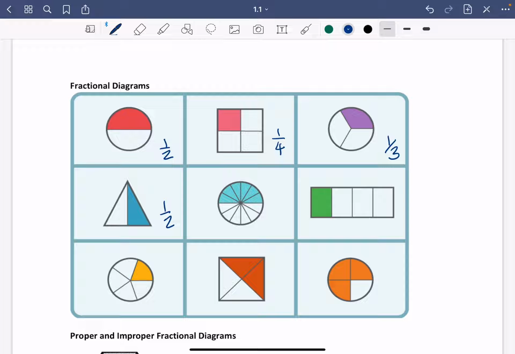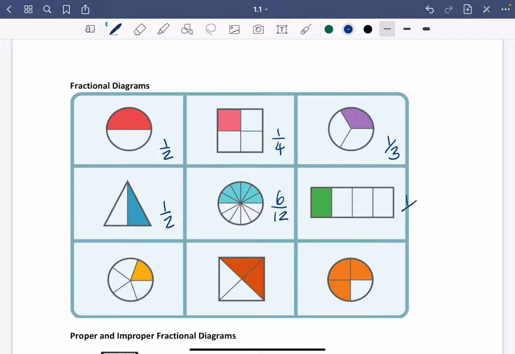And the middle one, let's count how many parts there are in this circle here. It's 1, 2, 3, 4, 5, 6. So in total, 12 parts. And 6 parts are shaded. So it will be 6 over 12.